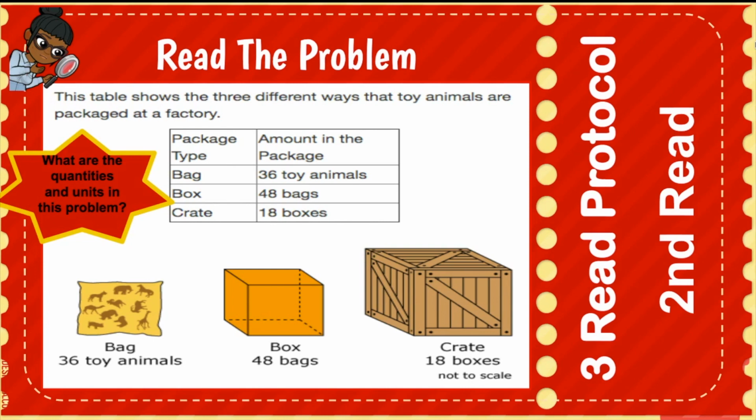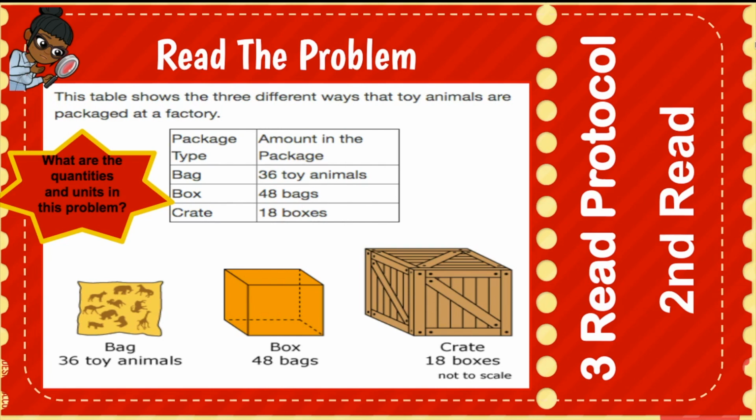What are the quantities and units in this problem? Quantities are the numbers, and the units are what's being counted. For example, I have 3 brothers. 3 is the quantity, and brothers are the units.